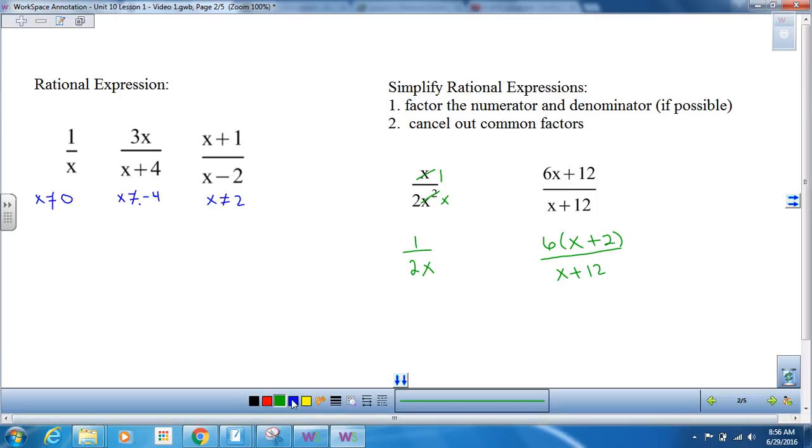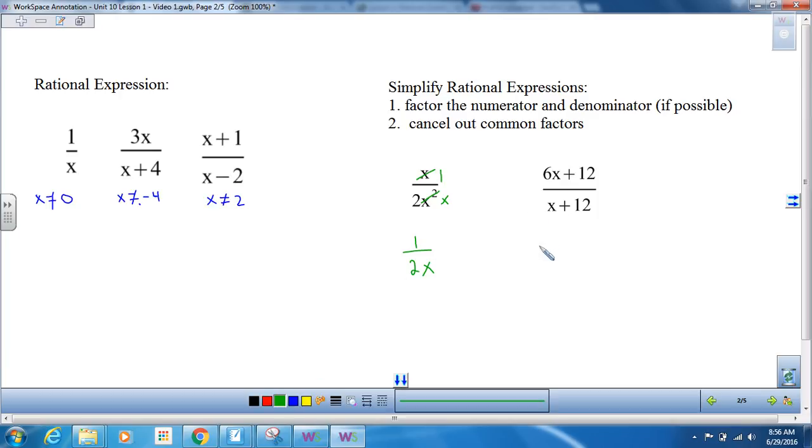Well, if this had been x plus 2 on the bottom, then I could cancel. If originally this had been x plus 2, and this is x plus 2, I could cancel these x plus 2's, and I would just be left with 6 as my answer. However, it's not.